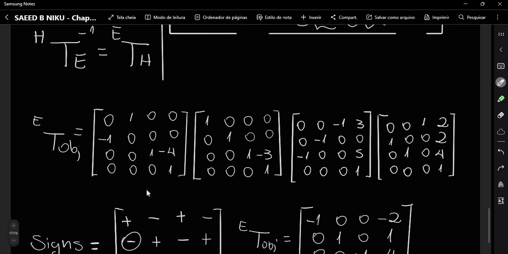Even without knowing anything about the description, and even if we do not know anything about the task that this robot has to perform, we can write a transformation, which is obviously the transformation that tells us where the end effector of this robot is going to be at the end of the task.